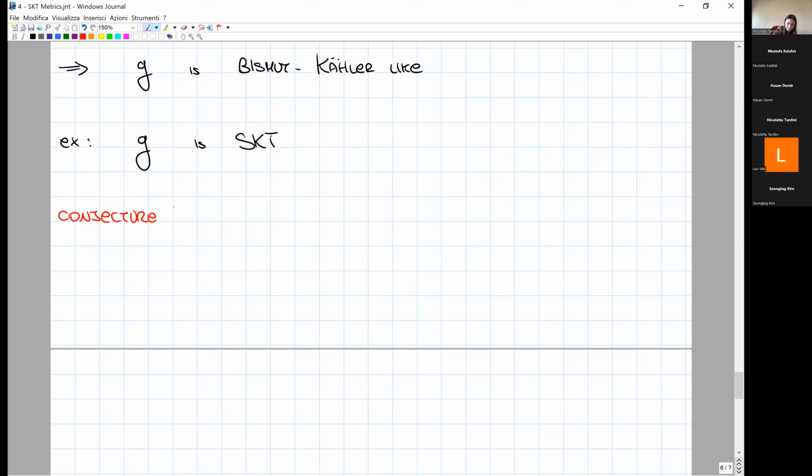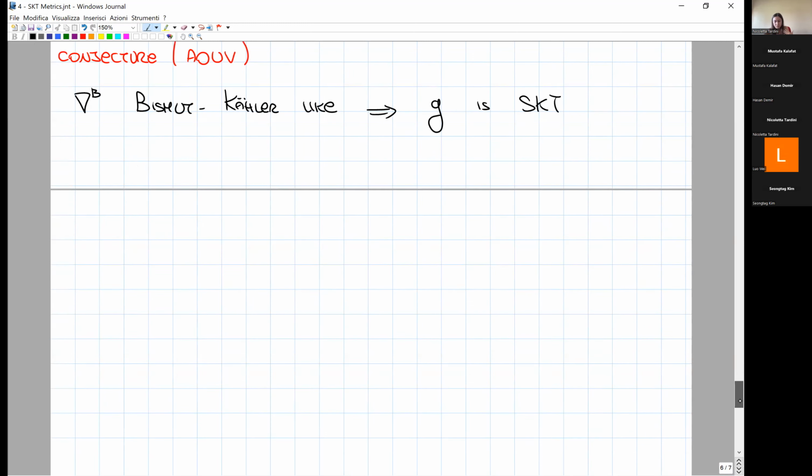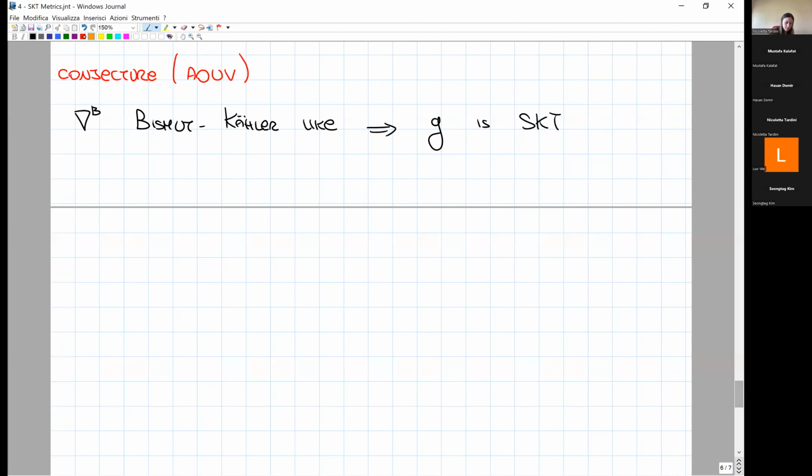Angella, Otal, Ugarte, Villacampa conjectured that nabla B being Bismuth Kähler-like implies that the metric G is SKT. Okay, so that was their conjecture. In fact, in this example, the metric turns out to be SKT. And this conjecture was, of course, supported by many other examples.